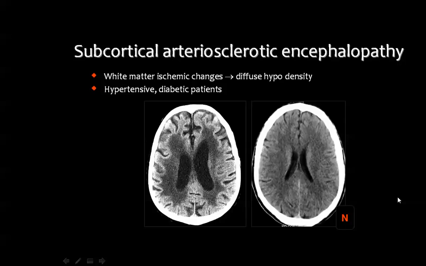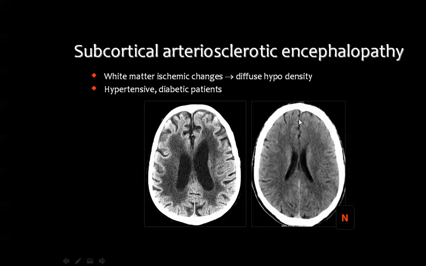Then subcortical arteriosclerotic encephalopathy, meaning that there are too many lacunar infarctions in the white matter, or the ischemic white matter disease. And this disease is usually seen in hypertensive patients, plus or minus the presence of diabetes as well.